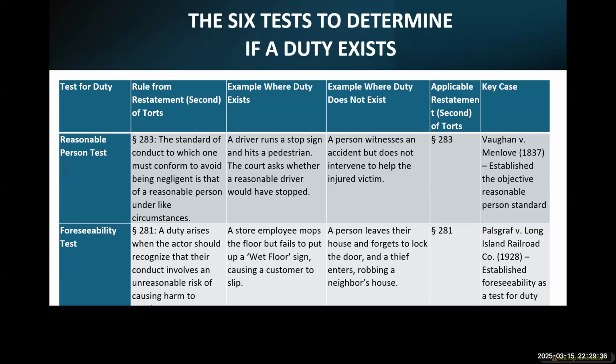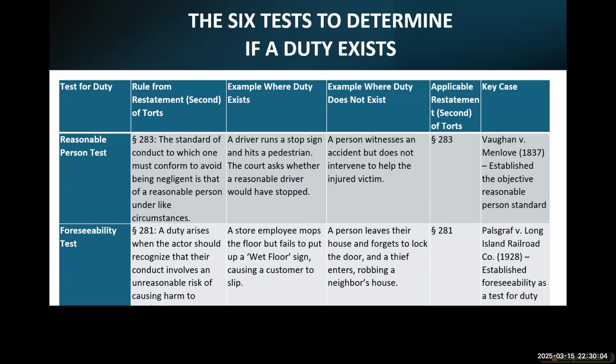If the answer is yes, a reasonable person would have stopped using the reasonable person test. There's a duty, we go to prong 2. Got it? Make sense? Read the von Menlove. That helps you understand reasonable person being an objective standard.